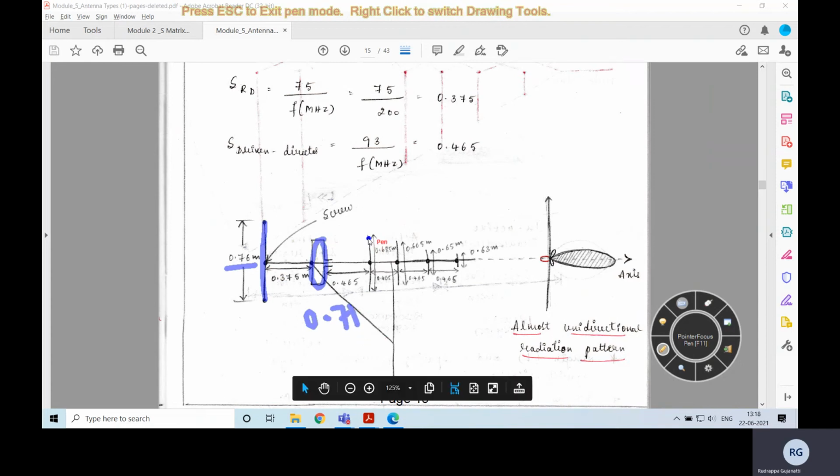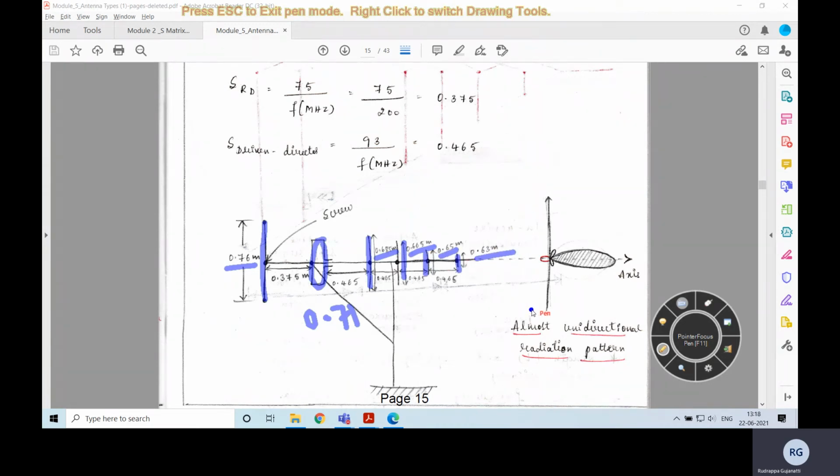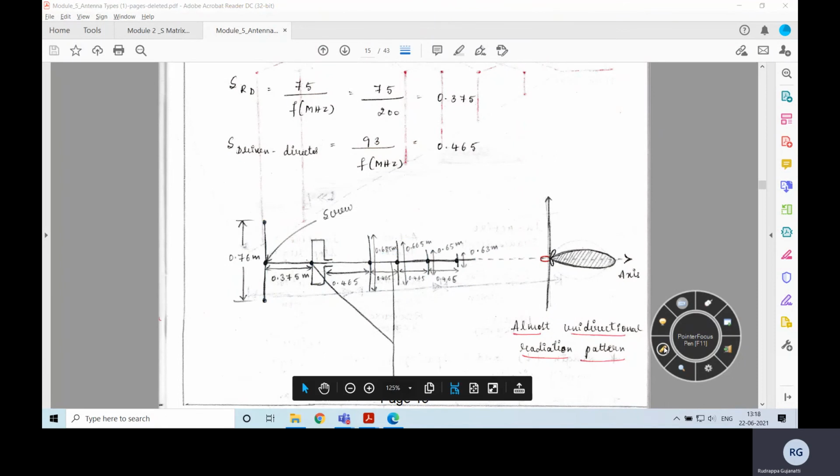Then the first director is around 0.685, the second around 0.665, the third around 0.65, and the last around 0.63 meters.